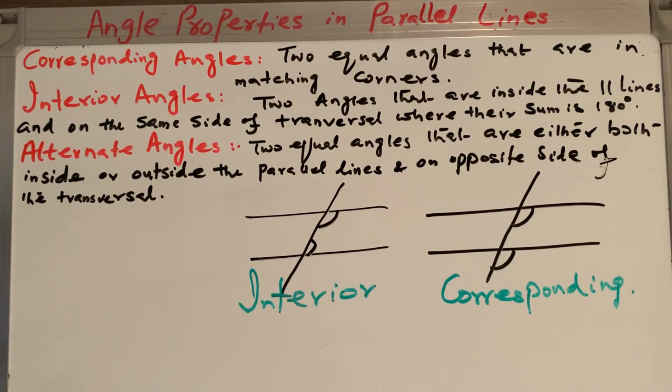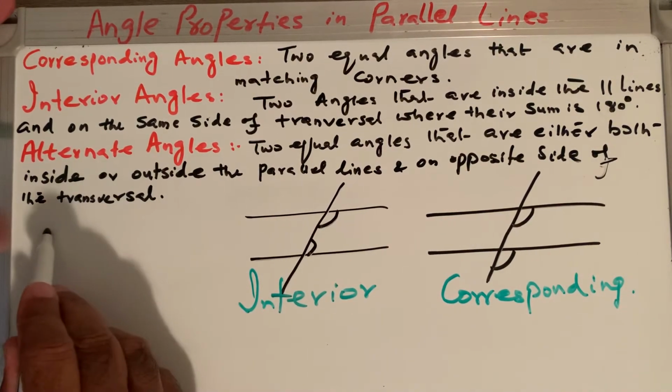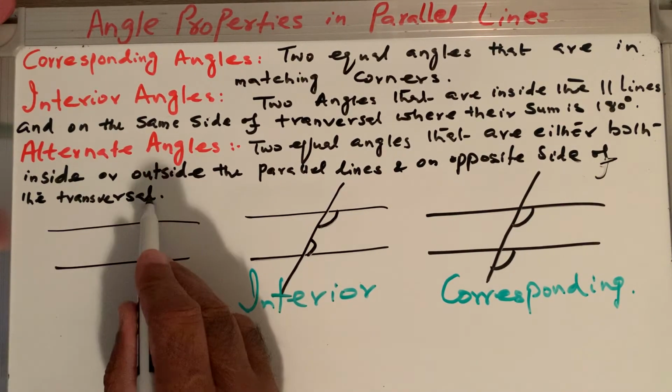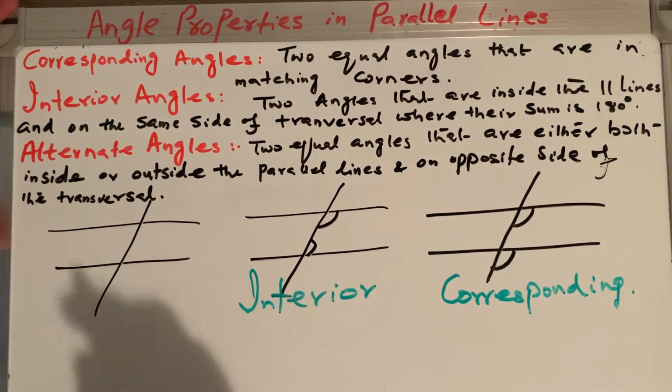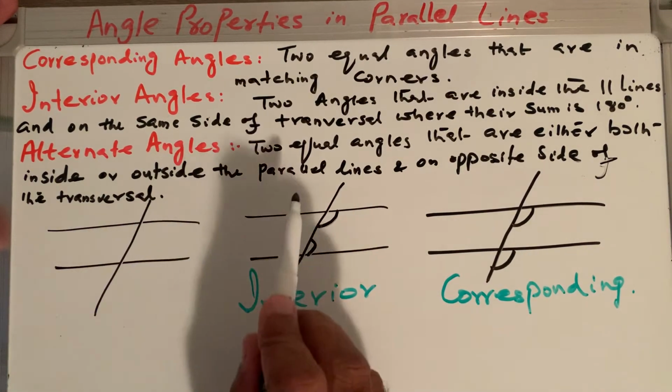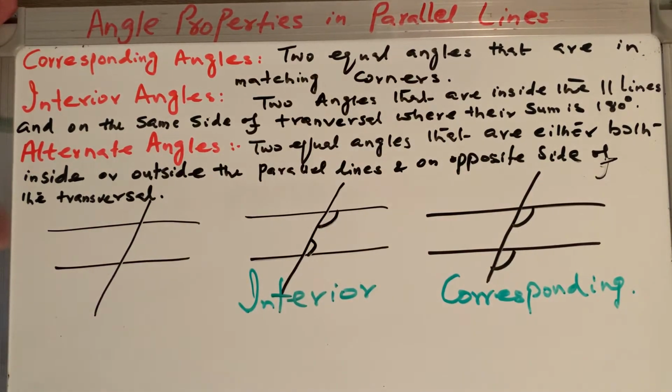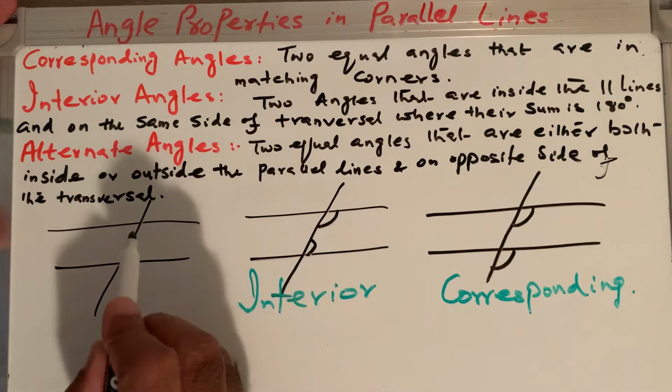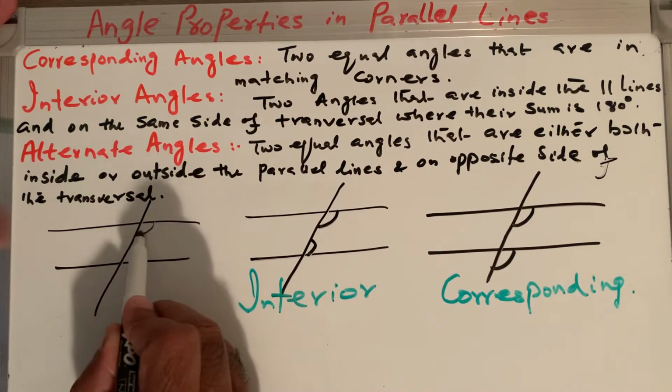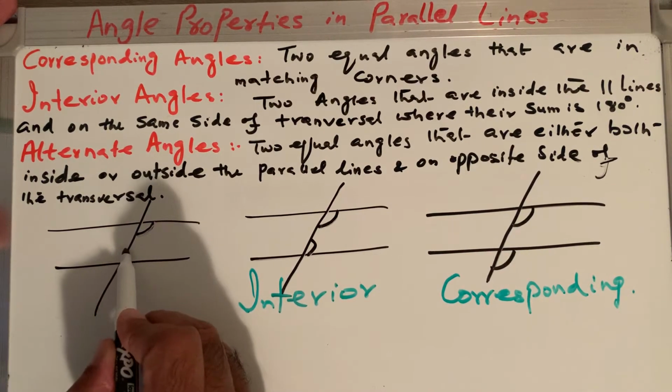Then we did the third definition, alternate angles. These are the two parallel lines and there is a transversal line. Alternate angles are two equal angles that are either both inside or both outside the parallel lines. I will choose this angle and this angle.